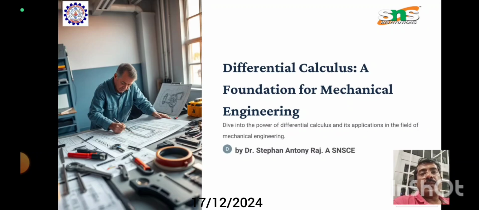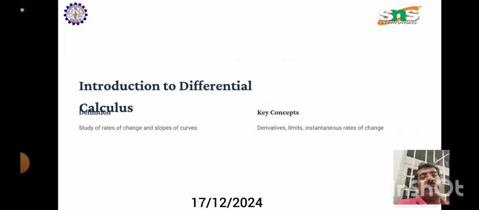If there are some variables connected, and one variable is connected with the other, we can check which is the independent one and which is the dependent one, and work more into this. As an introduction to differential calculus, the fundamental idea starts with the rate of change of one variable with respect to another variable.